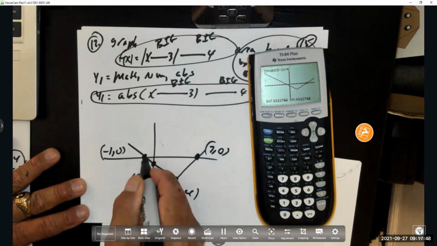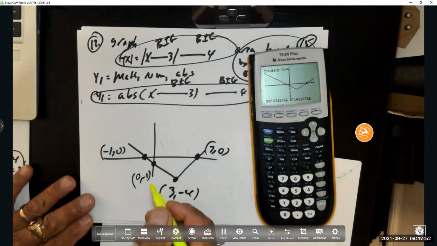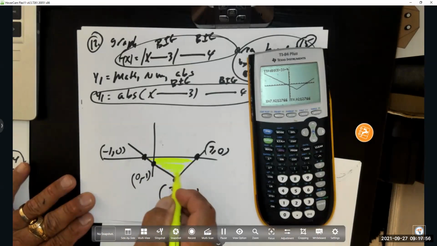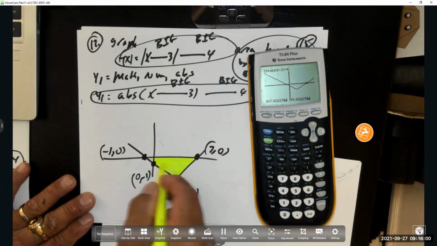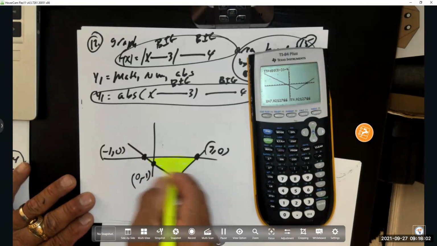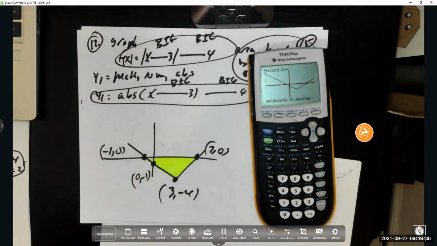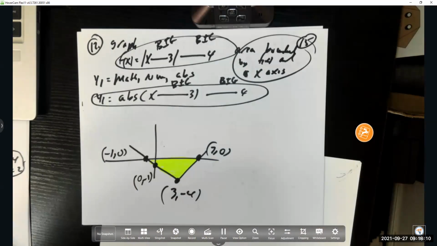I got this dot, that one, and that one. Now, the area bounded is this one here, all this stuff right here. Does that make sense? Okay, so there's the area boundary. So now I need to find the base and the height, just like the other one, okay?